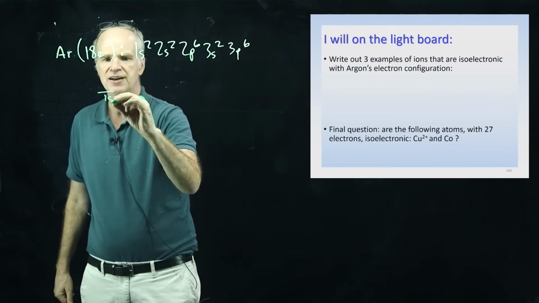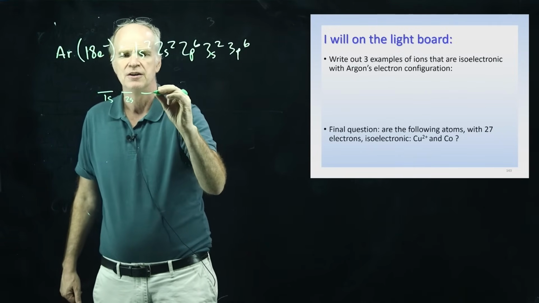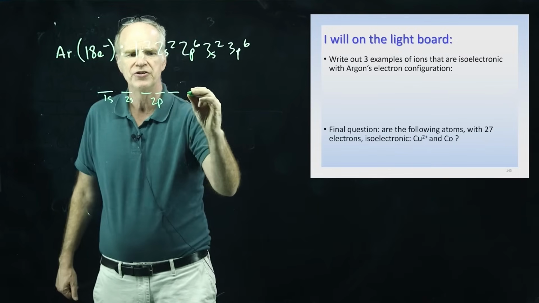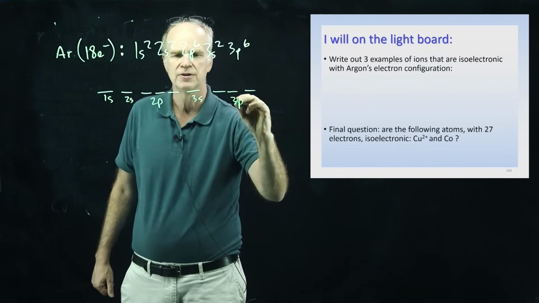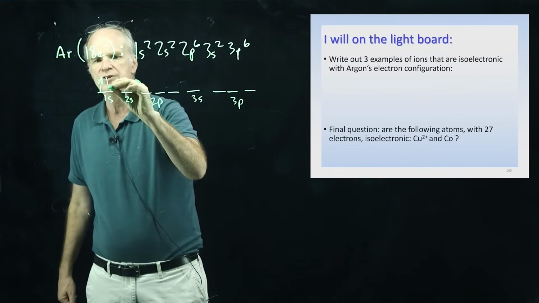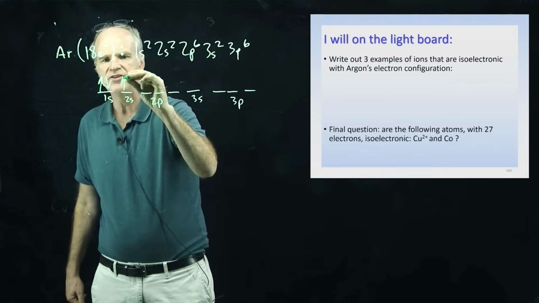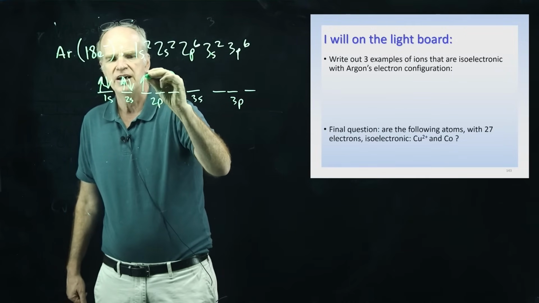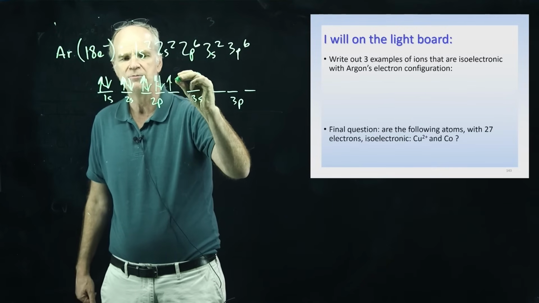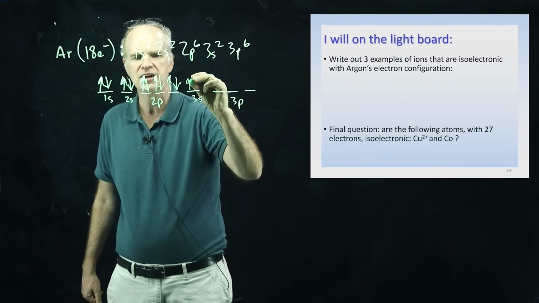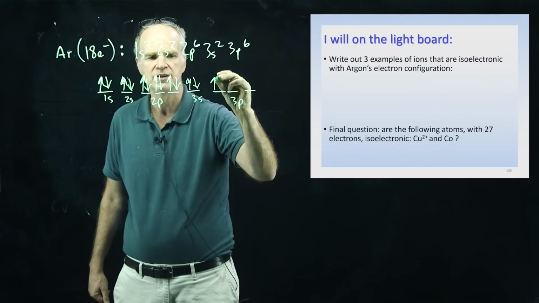So it's 1s, 2s, 3 2p orbitals, a 3s, and a 3p orbital. Because argon has 18 electrons, all of these orbitals I wrote out will be filled up with a pair of electrons, and that should give us a total of 18.